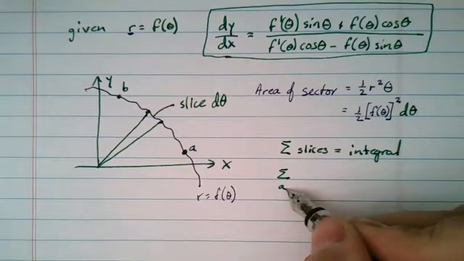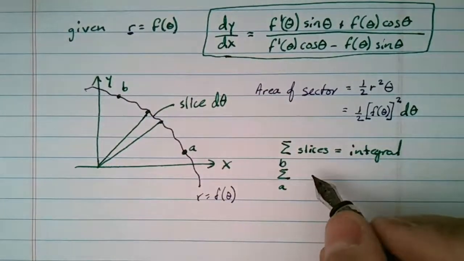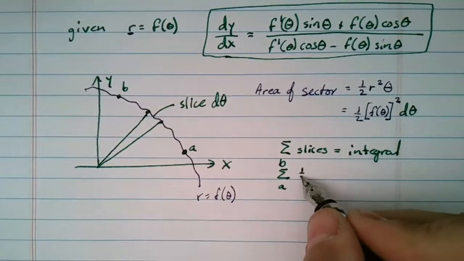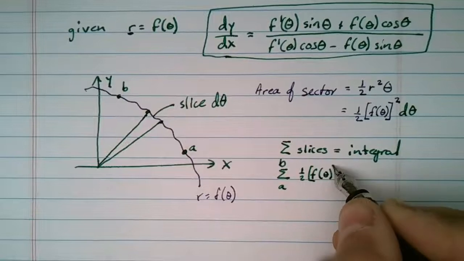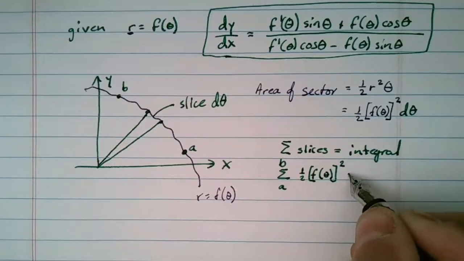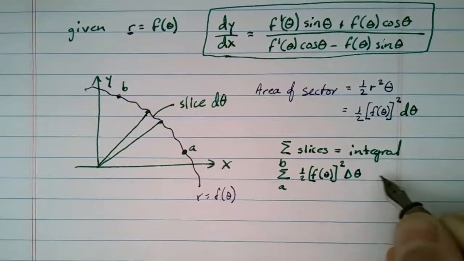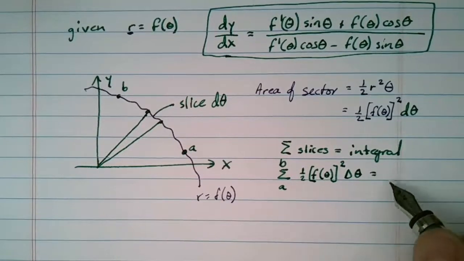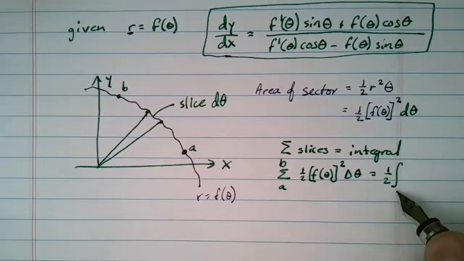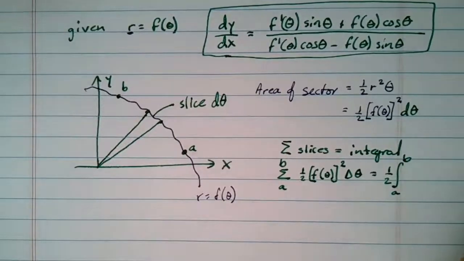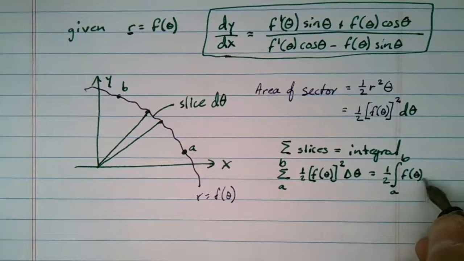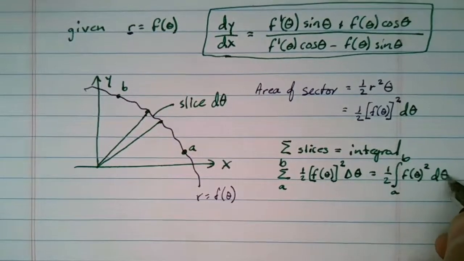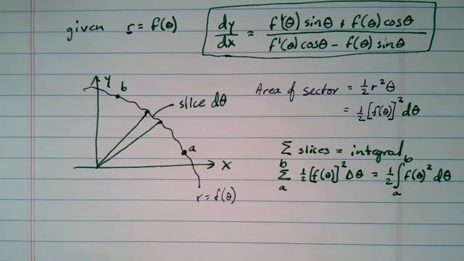If I sum from point A to point B, 1/2 f of theta squared delta theta, I get 1/2 the integral from A to B, f of theta squared d theta.